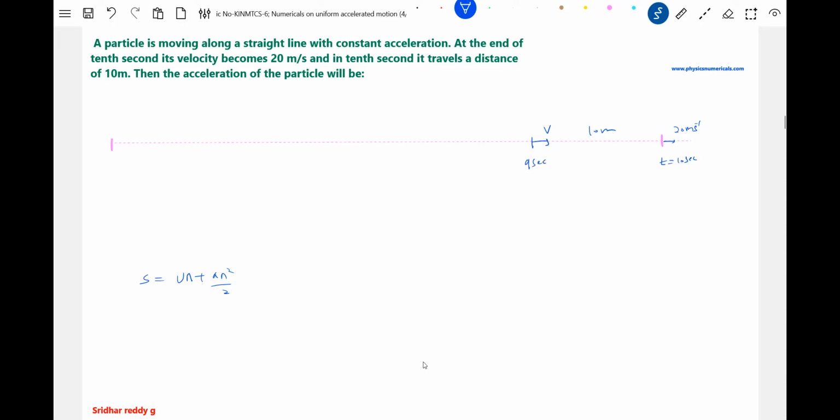I think this is what is needed. It is asking what the acceleration of the particle will be. I think there's a formula I'll be using, the distance covered in the nth second. How to take help of this data now.